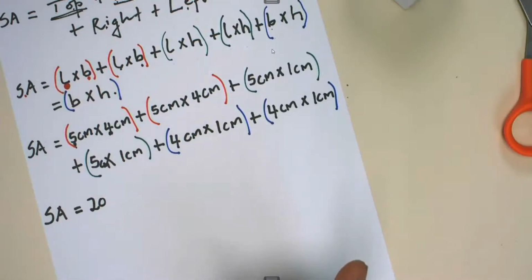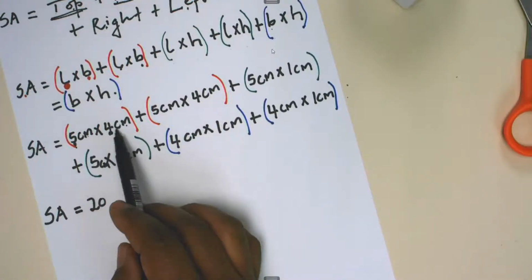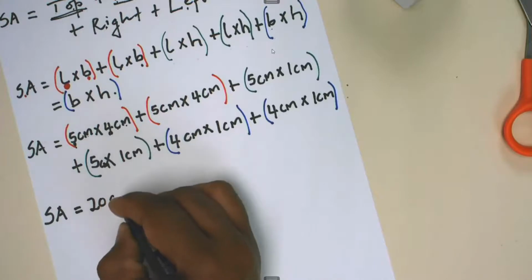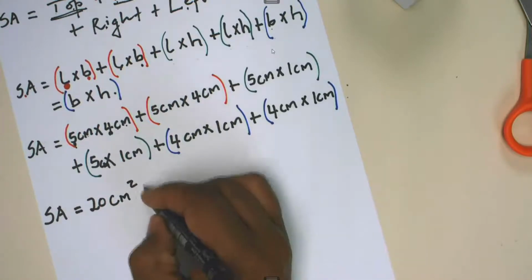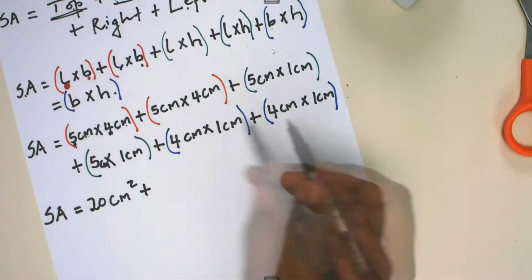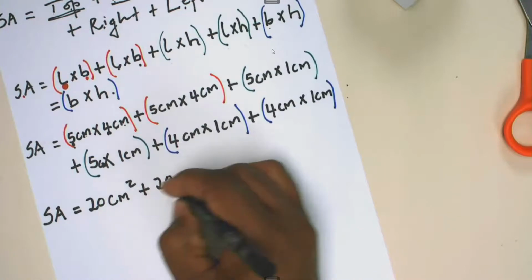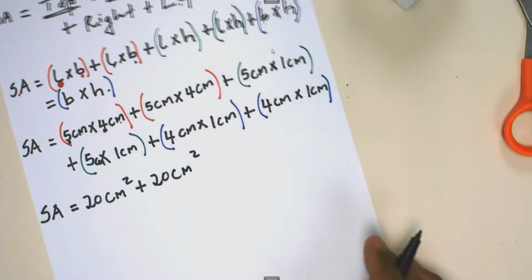Remember, I said earlier, you have learned the exponents. Centimeter multiplied by a centimeter. If I'm multiplying these units, it will be centimeter squared. Plus the same, because the faces are identical. 5 times 4, it will be 20 centimeter squared.